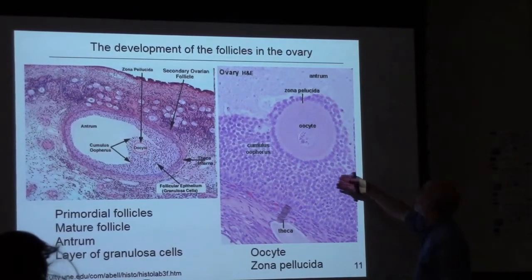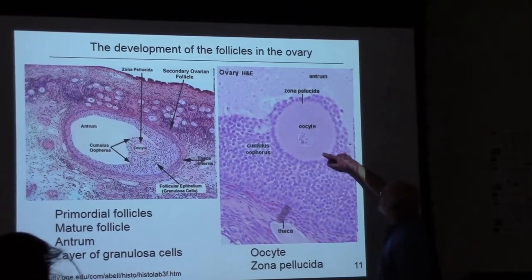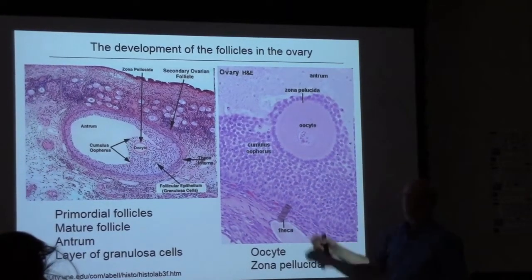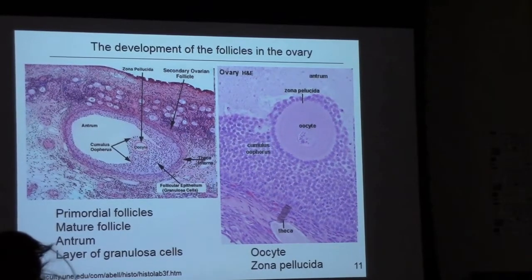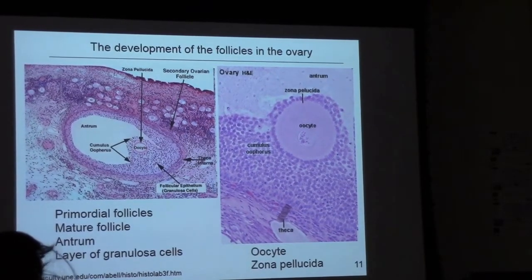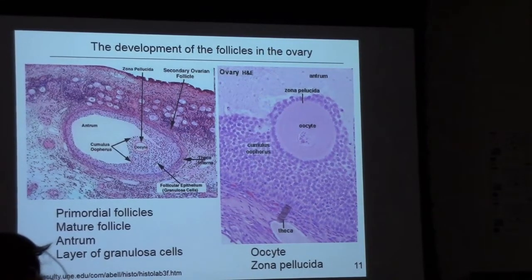Zooming in here, oocyte, zona pellucida, granulosa, theca. So the cartoons are representing things that actually look like this.